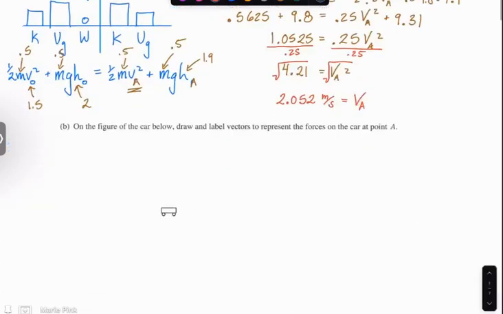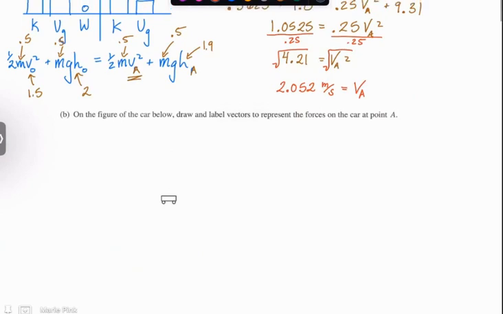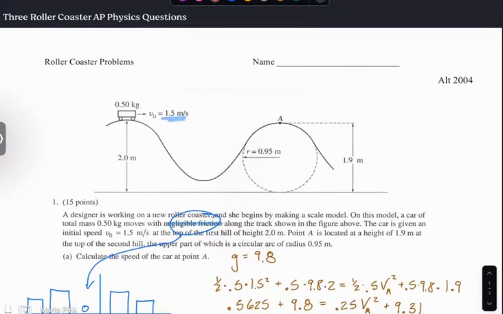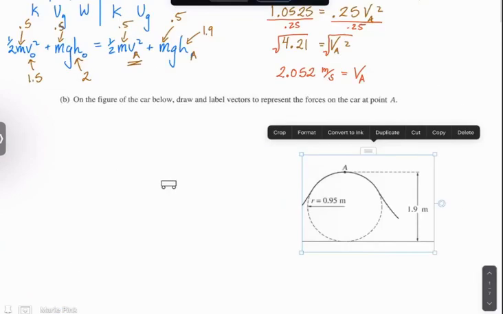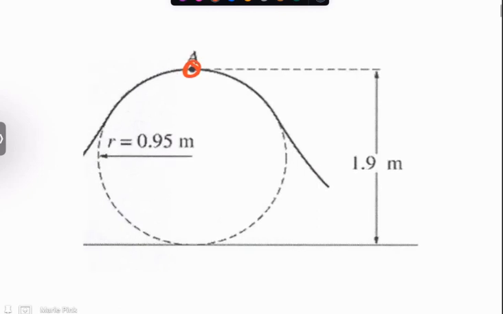On the figure of the car below, draw and label vectors to represent the forces on the car at point A. So if I'm thinking about this point A, which direction is the center of the circle? Down. So if I'm moving in a circle, that means that I am accelerating towards the center of that circle, which means I need more force down than I have up.